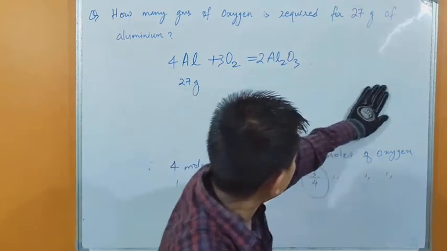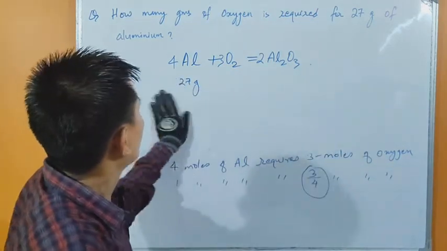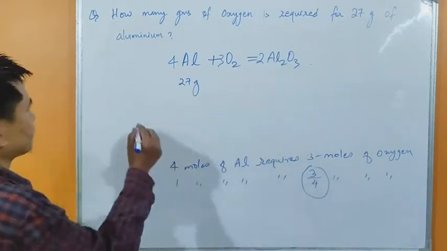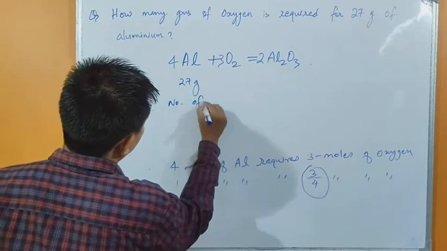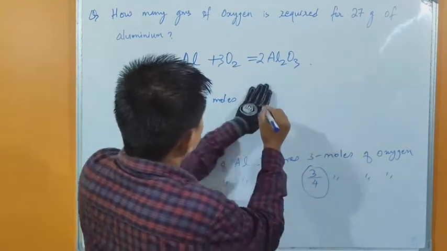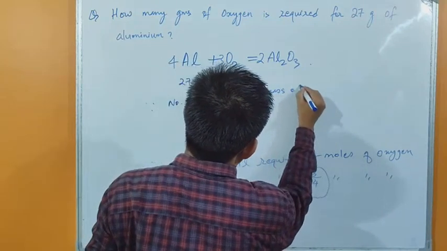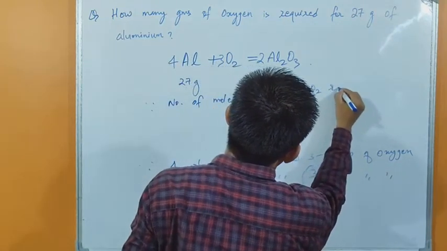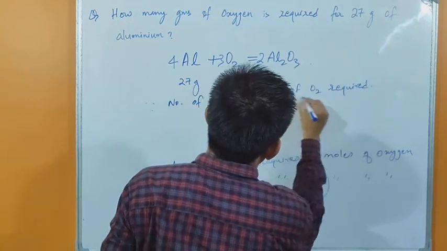Okay, now 3 upon 4 moles of oxygen means how many grams of oxygen? Since number of moles equals mass of O2 required divided by its molecular weight.